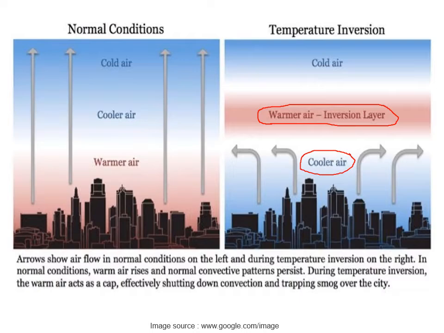So that creates smog, a hazy atmosphere. Now, surface inversion, particularly the radiation inversion, is more effectively found in higher latitudes. That is, in those areas where the ground is mainly covered by snow.